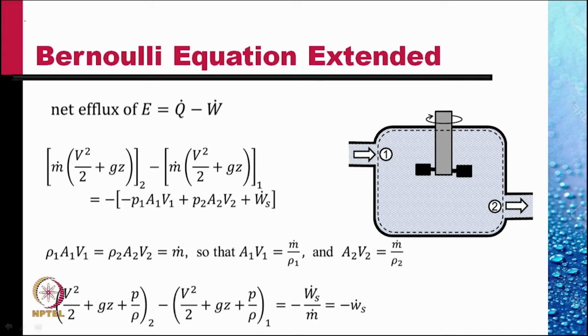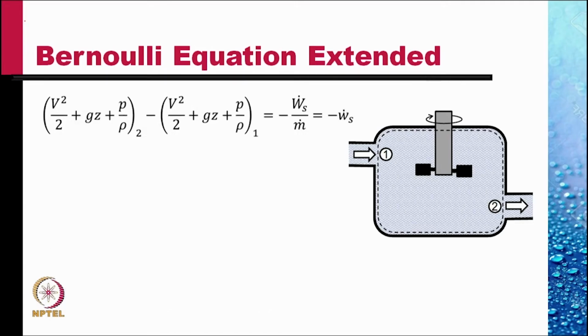Using this, we can divide the energy equation by m dot throughout, and we get the relation, by rearranging, V squared by 2 plus g z plus p by rho at the outlet minus the same quantity at the inlet is equal to minus W dot S divided by m dot, which is minus lowercase w s. Lowercase w s is the rate of doing shaft work by the system per unit mass of fluid throughput.